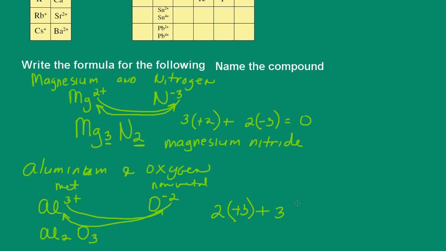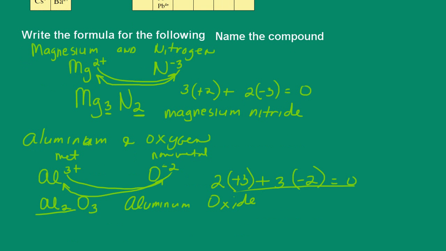We have 3 oxide ions, each with a -2 charge, and again, this adds up to 0. So we have the correct formula. How do we name this? We have aluminum oxide. Remember, the nonmetal gets the "ide" ending.